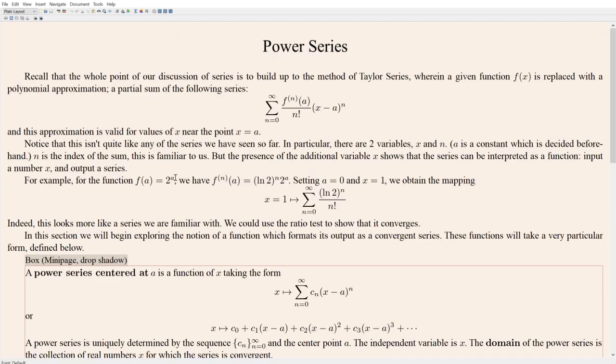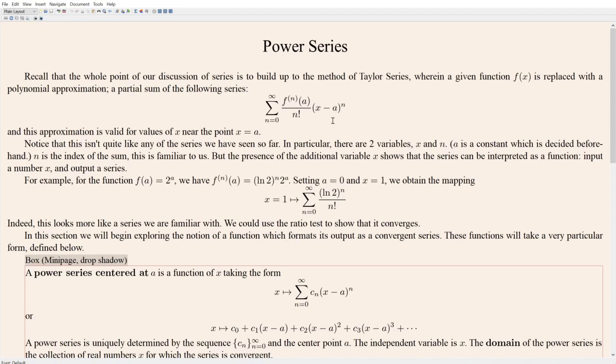So if we wanted to compute the Taylor series for this guy, we would have to figure out what the nth derivative is in general. So for exponential functions, that's easy. Every time we differentiate it, another factor of natural log 2 pops out. So the nth derivative is just natural log 2 to the nth power times 2 to the a.